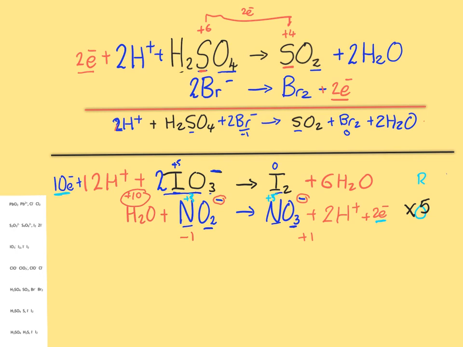So if we multiply 2 electrons by 5, that means now we have got 10 e minus. However, we need to now multiply everything else through by 5. So that's 5 H2O's, 5 NO2 minuses, 5 NO3 minuses, 2 times 5 is 10, and that gives us a total of 10 hydrogen ions on this side, 10 H+.